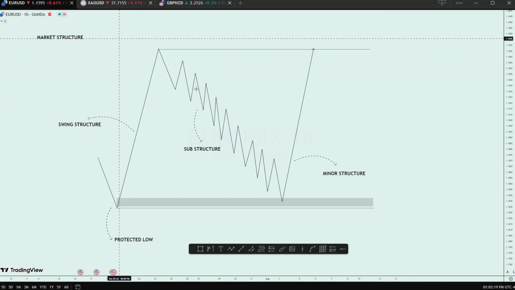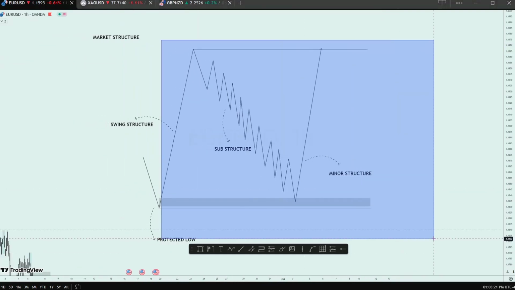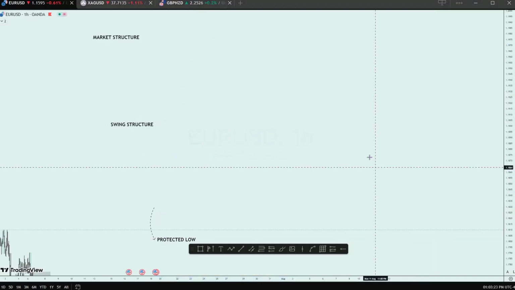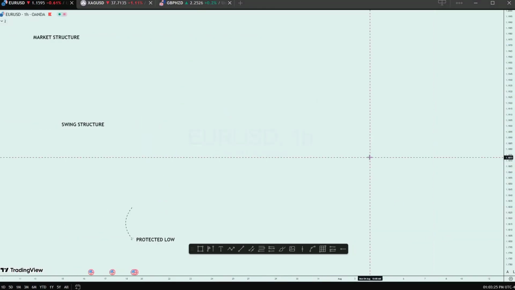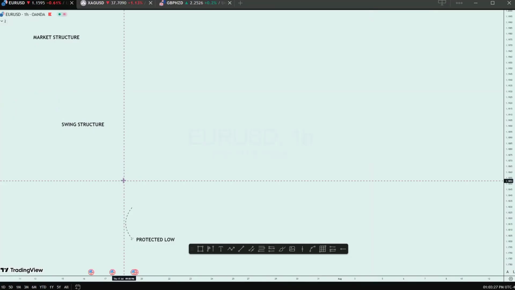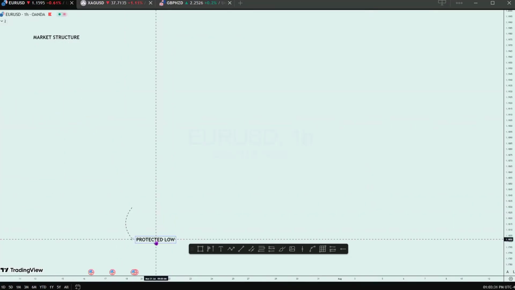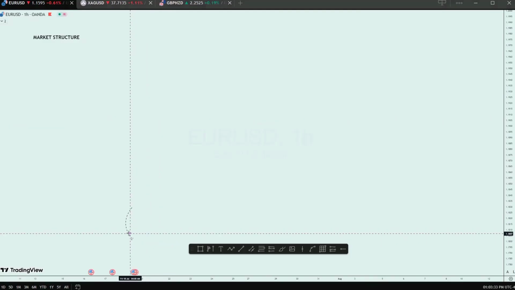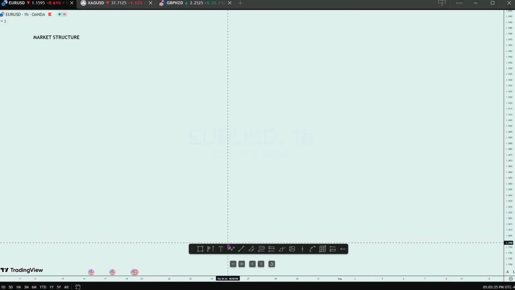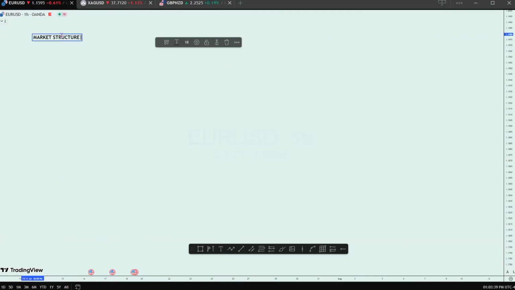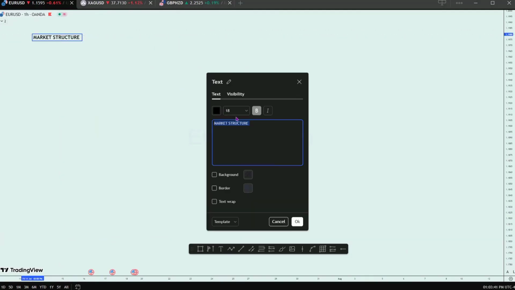It's what I'm going to be focusing on as my liquidity. I'm focusing on one particular point as my liquidity. Mind you, there are different types of liquidity. Okay, let me change this.